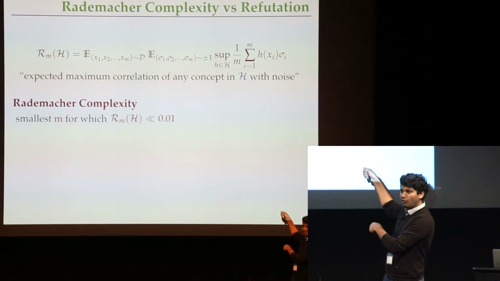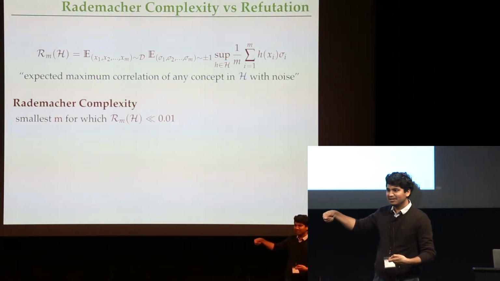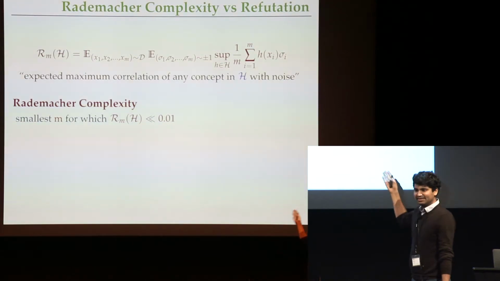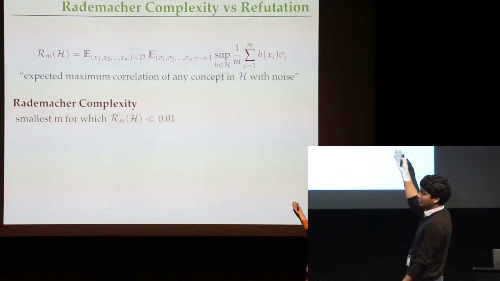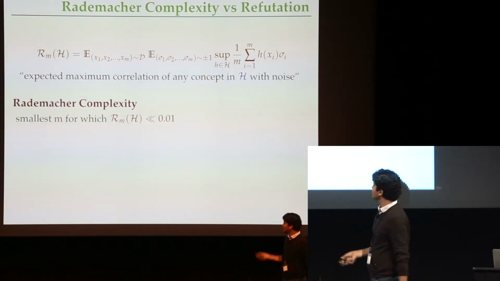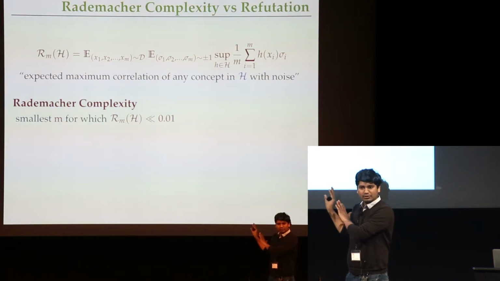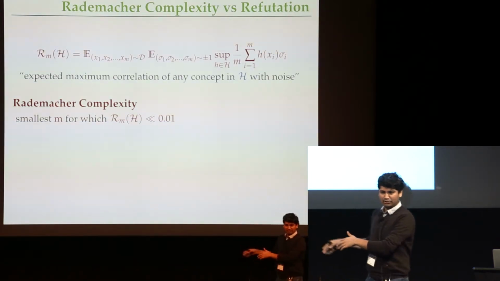So I would want this quantity to be small if I expect to learn. I need to identify that the labels are complete garbage, so this quantity is some handle on it. Again, this is a somewhat non-standard way to talk about it, but I'm going to do this because it fits in nicely with what I'm going to tell you today.